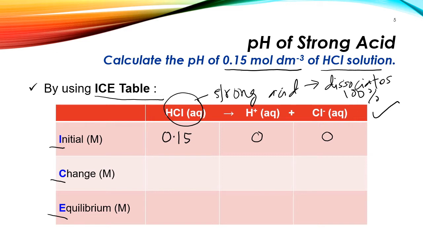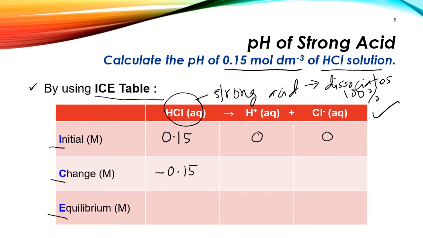Therefore, we can assume that the amount that dissociates must be equal to the amount of the initial concentration that was introduced before the reaction. So the change of the HCl concentration is minus 0.15 molar, which means 100% of it is completely dissociated.